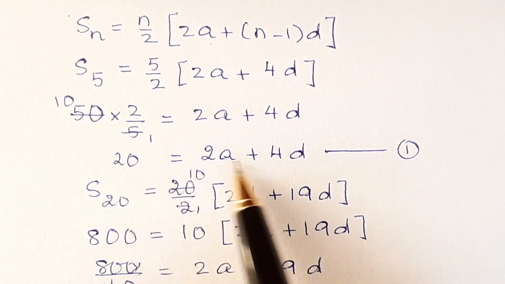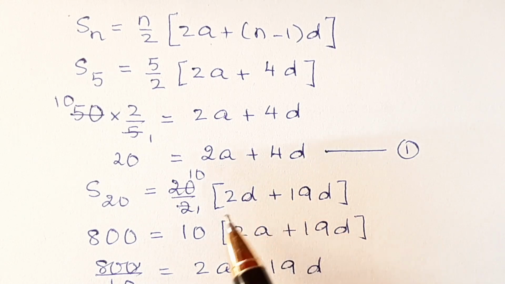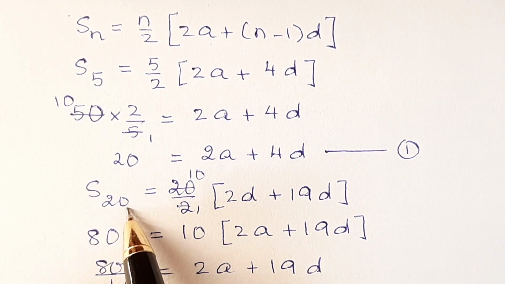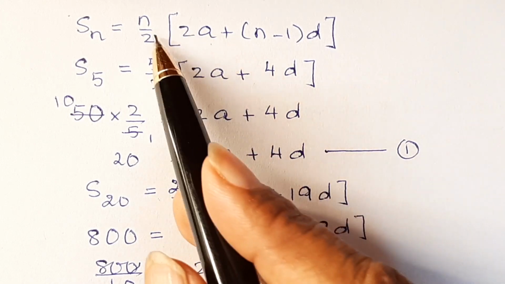Now, although there is a common factor, we will not cancel it out because we have to use S20, that is the sum of first 20 numbers as well. So first 20 terms you will be getting the sum of using the same formula.